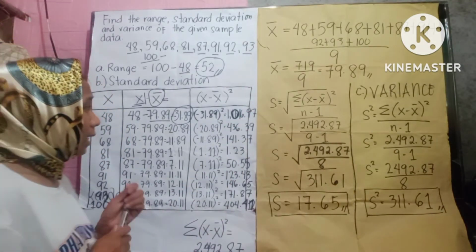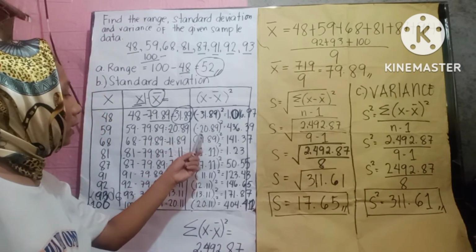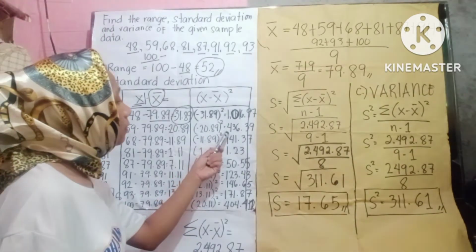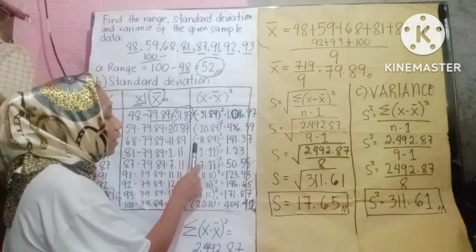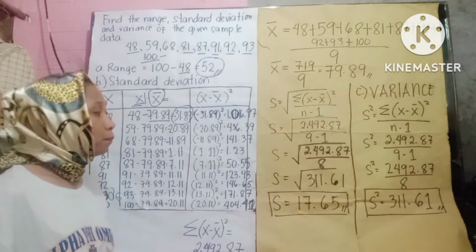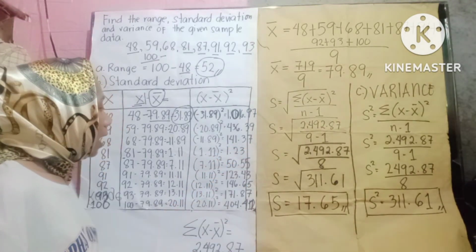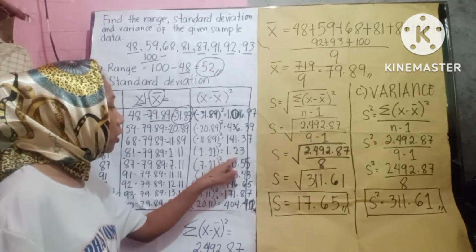So, sa second naman is negative 20.89 raised to the power of 2 is equals to 436.39. The next is negative 11.89 raised to the power of 2 is equals to 141.37. Next is 1.11 raised to the power of 2 is equals to 1.23.